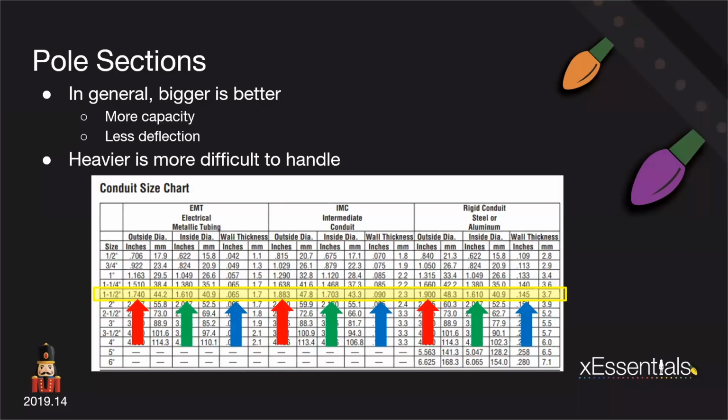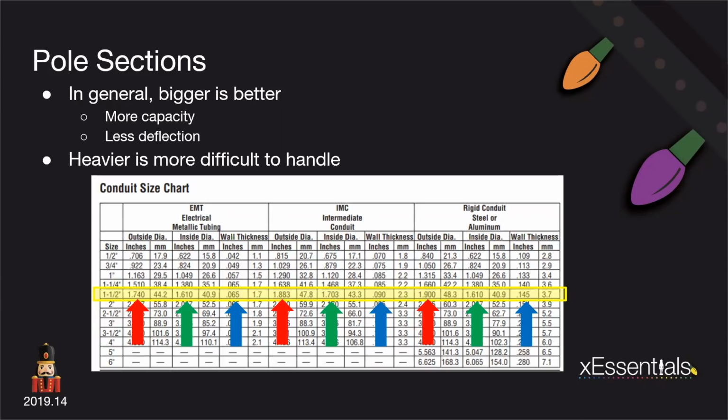The big difference comes in your wall thickness. Your EMT is the thinnest, your rigid conduit is the thickest. Personally, I like the thickest because I want the most capacity and the least deflection that I can get out of it. I know some people have said, well, we don't want to use the rigid conduit because we want things to be flexible.